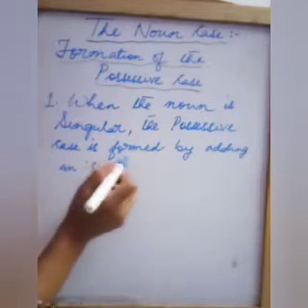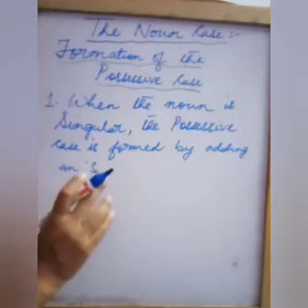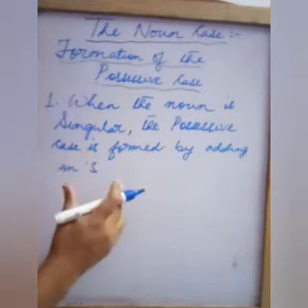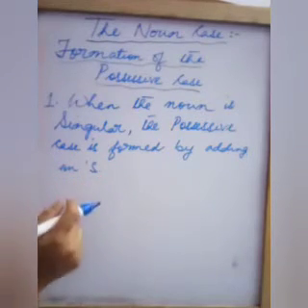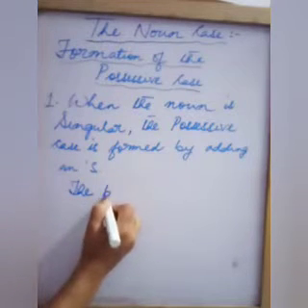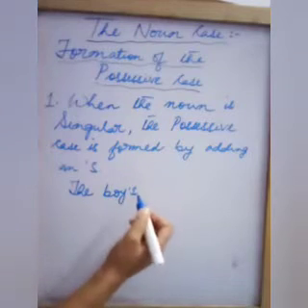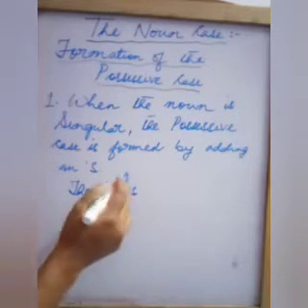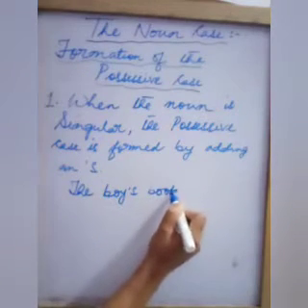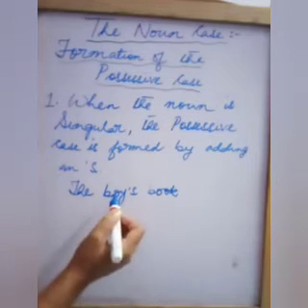Alright, let's take a very simple example. Say, for example, boy. To show possession, how will we form the possessive case for boy? The boy apostrophe s, it becomes the boy's, meaning it is his possession. The boy's book, meaning the book belongs to this boy.